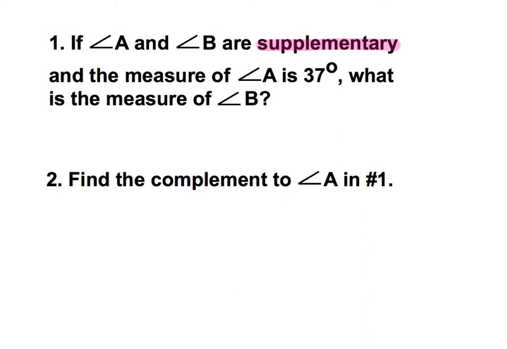Yes, sir. Yes, Boone. Yes, a straight angle. How much is a straight angle? All right. Supplementary, we need to think of 180 degrees. So how would you find the missing angle?